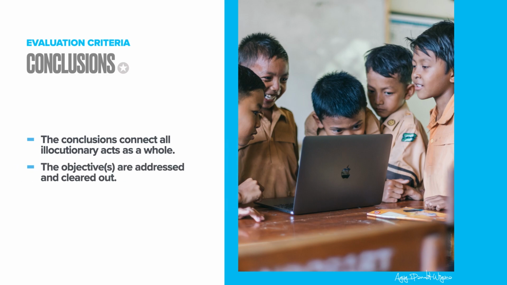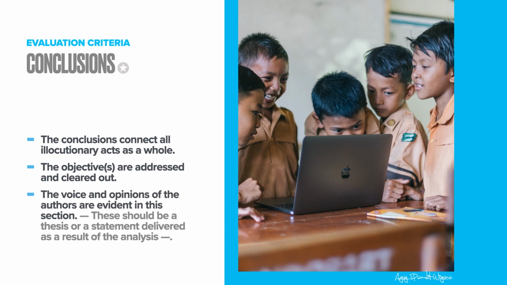The second thing you've got to have in mind is that the objectives are addressed and cleared out. When you write the conclusions, all of them should address the objectives too. That's why you created the project, and the conclusions reveal the final outcome of the whole intervention. And lastly, the voice and the opinions of you as the authors must be evident in that section.